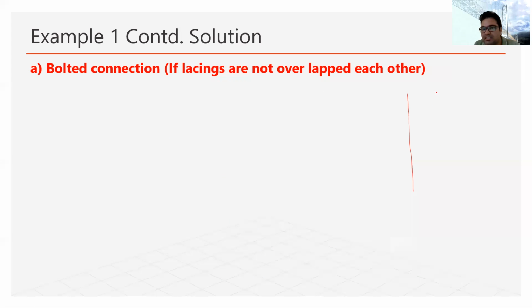For example, this is the main component. The other component will be here. So when one lacing bar will be here, we will connect when one lacing bar like this. So one bolt will be here and the other bolt will be here. Similarly, the other lacing bar, the second lacing bar, will not be above on it.